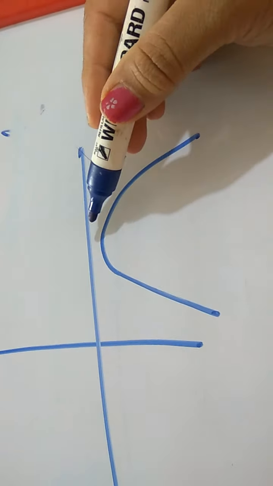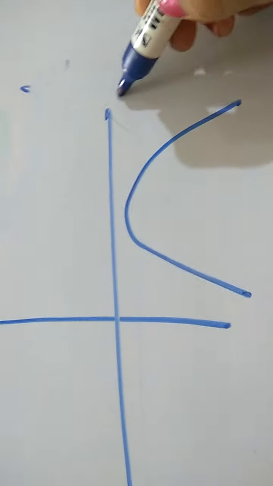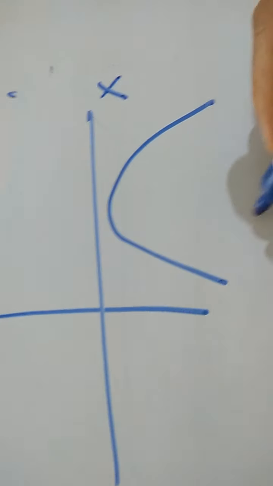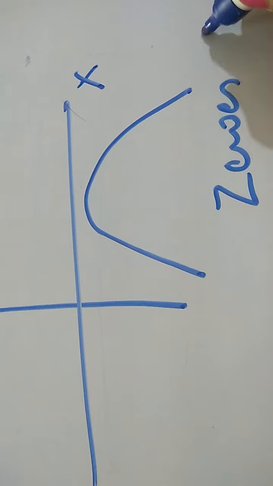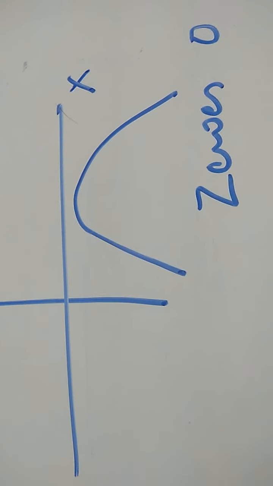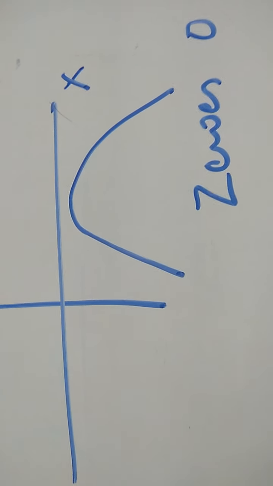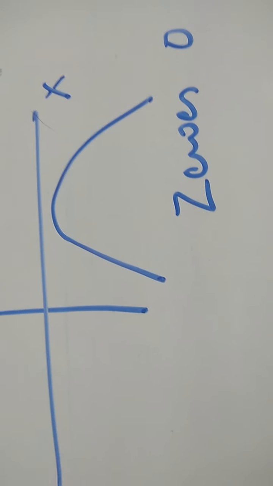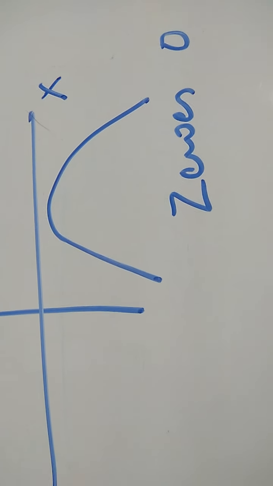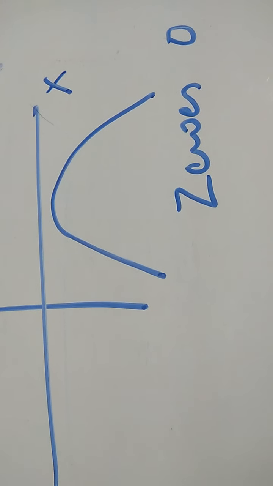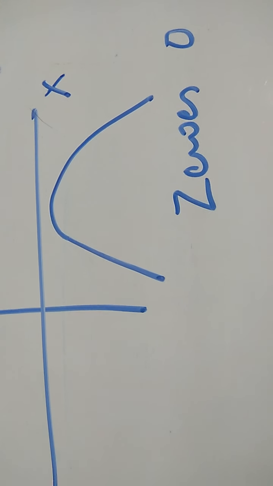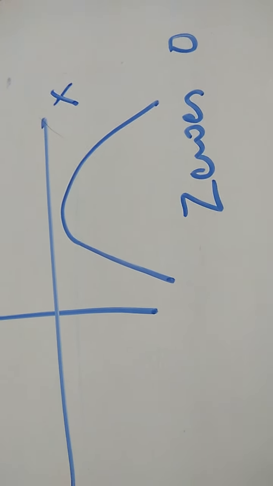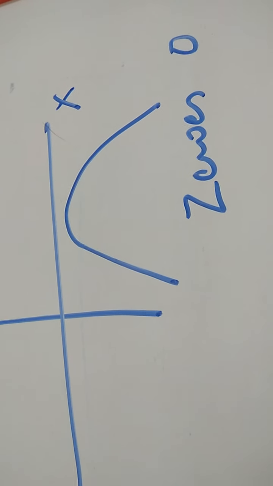In this graph, the curve is not touching and not intersecting the x-axis at all. So the number of zeros will be 0. So like this we can decide and find out how many zeros a given polynomial will have by looking at its geometric representation, that is its curve. So on the basis of this you can do the exercises. Thank you.